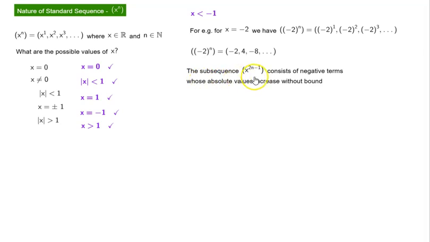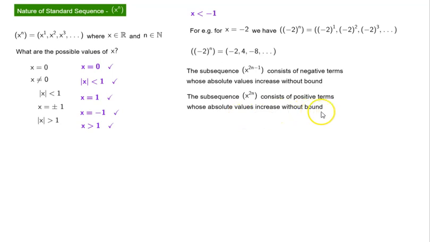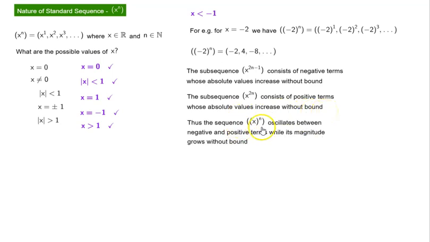The subsequence x to the power of 2n minus 1 consists of negative terms whose absolute values increase without bound. And the subsequence x to the power of 2n consists of positive terms whose absolute values increase without bound. Thus, the sequence x to the power of n oscillates between negative and positive terms while its magnitude grows without bound. Which means the limit does not exist for x less than minus 1.